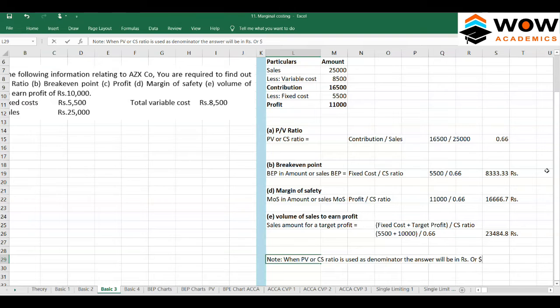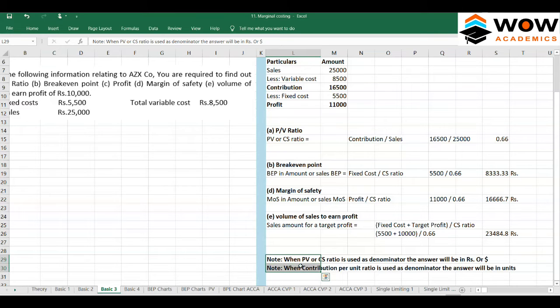It represents the amount. And note, when contribution per unit is used as denominator, the answer will be in units. This is a very important point.